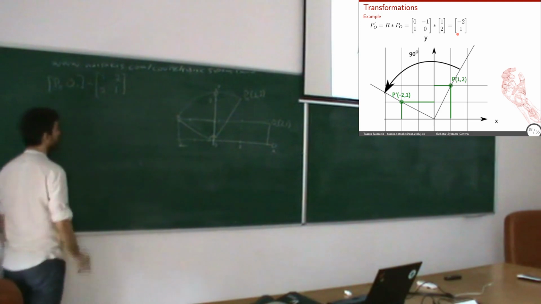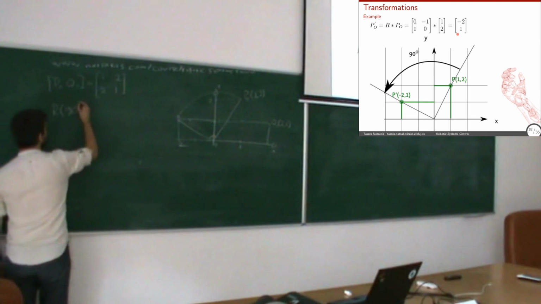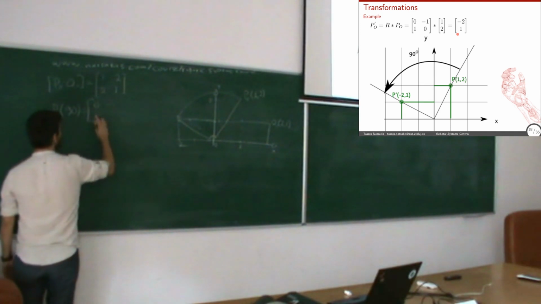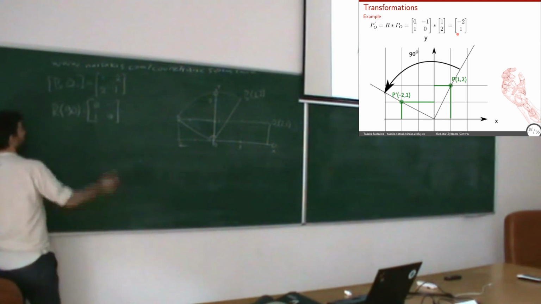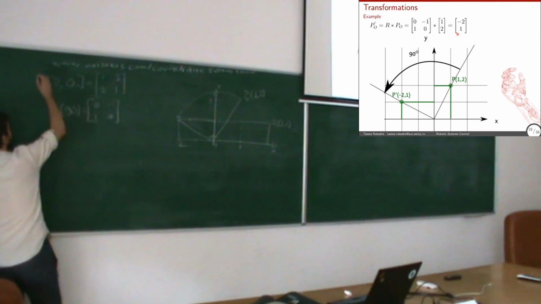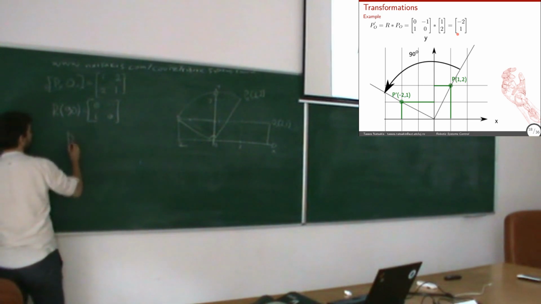And if I apply this rotation, which we saw was 0, -1, 1, 0. Can I multiply these 2 things together?